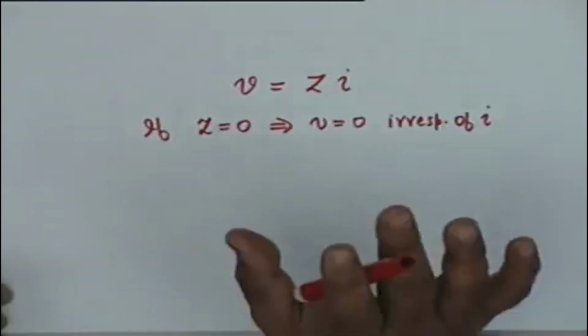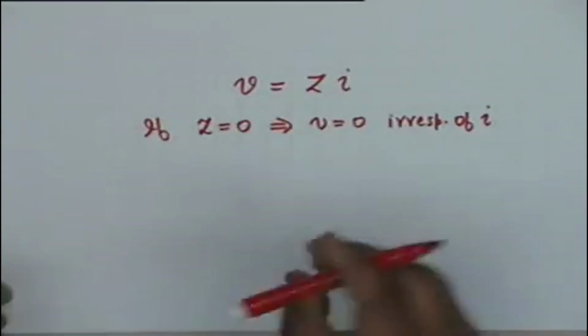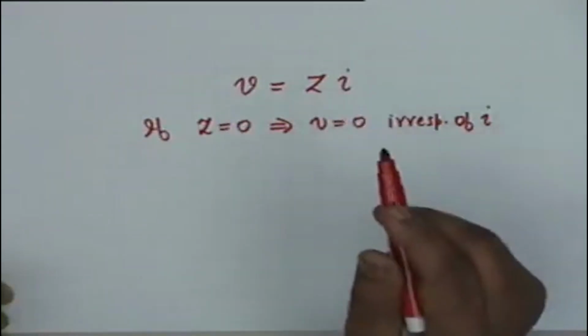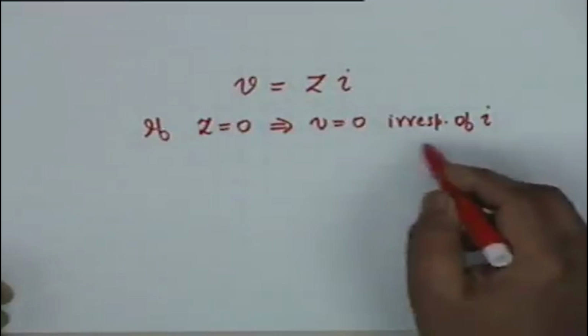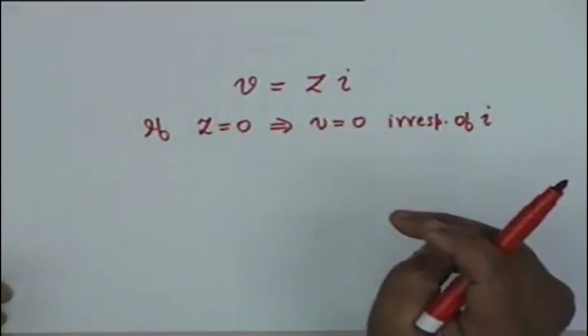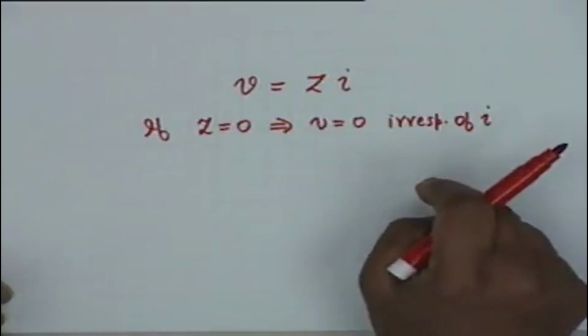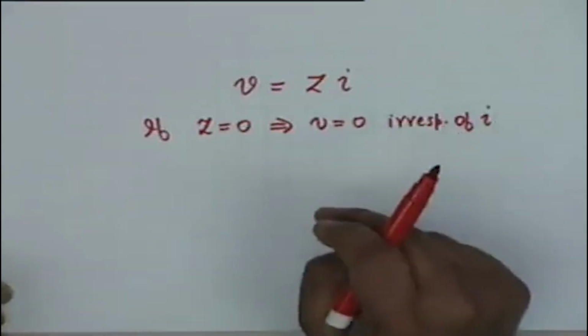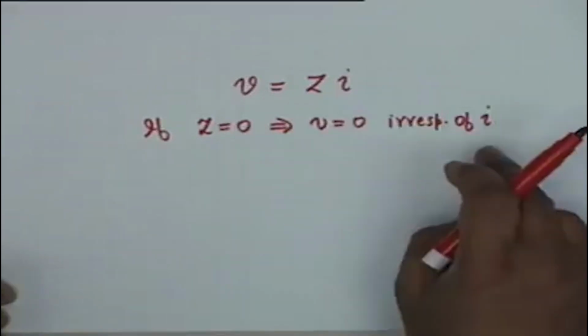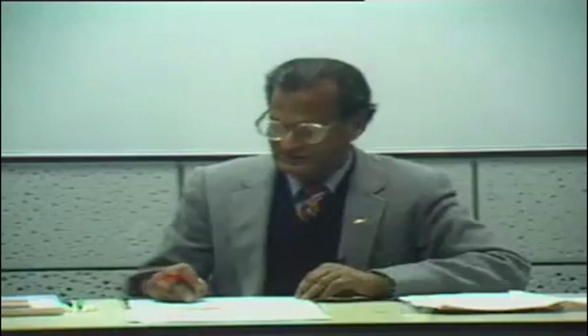Okay, is that clear? This is a simple mathematical statement that if Z equals 0, whatever I is, it doesn't matter, the product shall be 0. So V equals 0 irrespective of I, which means that a current can exist without a voltage. Agreed? A current can exist without an external voltage.